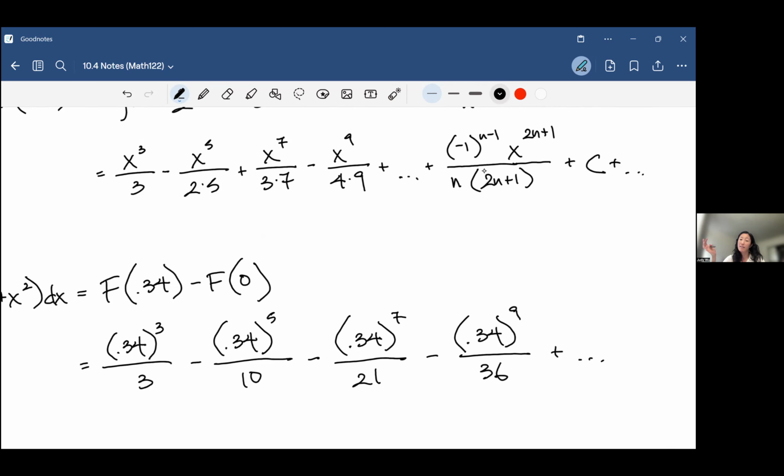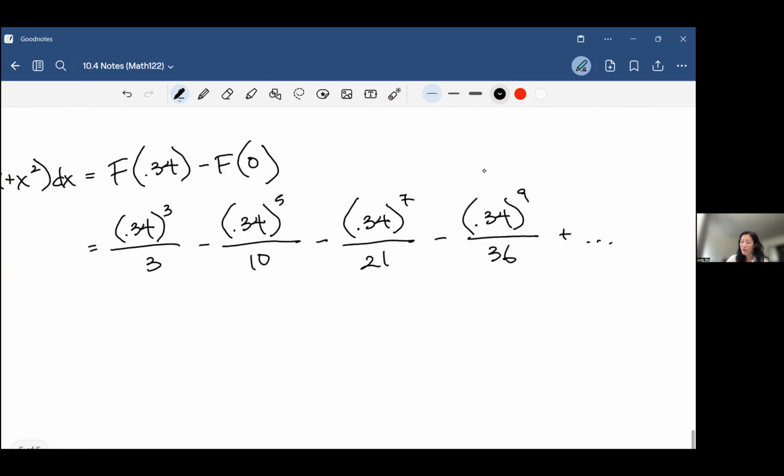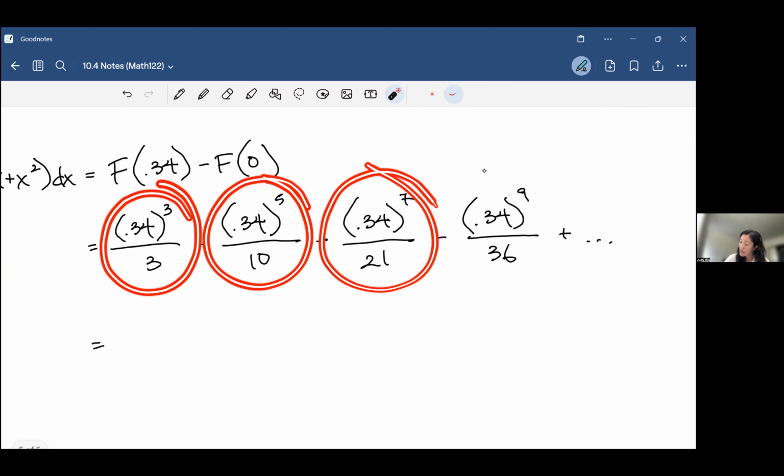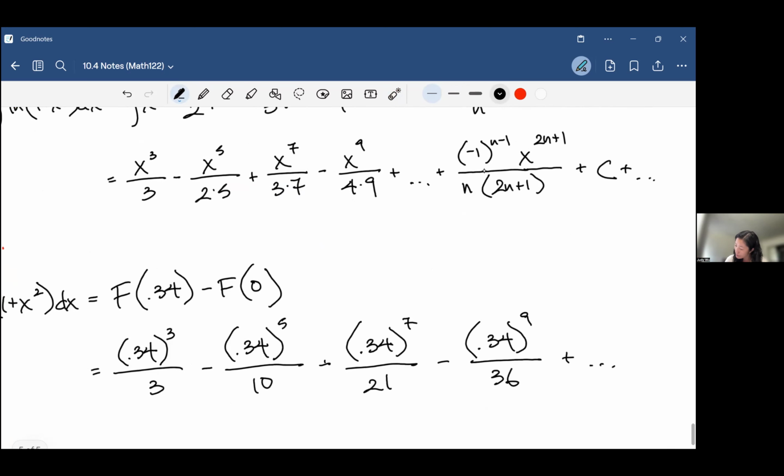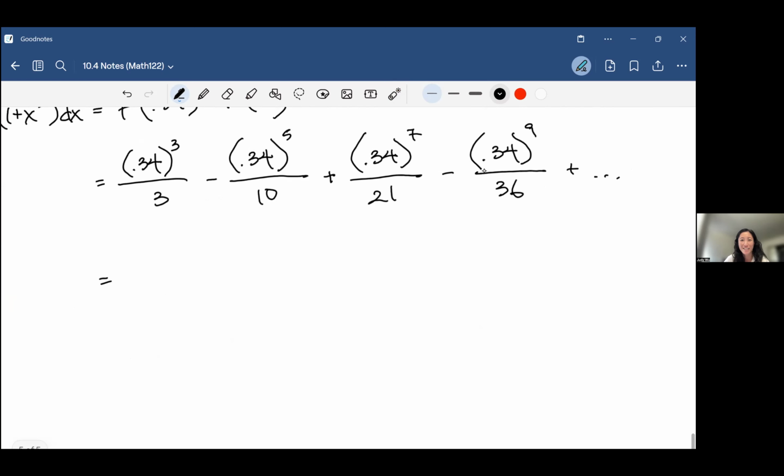And let's see how many of these terms we actually need. Okay, we don't want to write more than we have to, but I like to write at least 3 to 4 to give myself an idea of what's happening. And now we're going to take each term at a time and we're going to plug that into our calculator. And this is supposed to be a plus. My apologies, that's a plus.